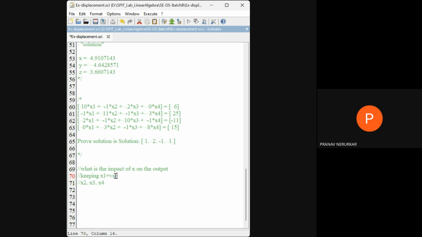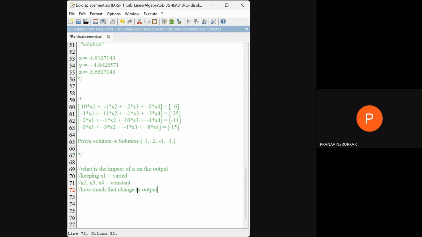X1 should be varied and X2, X3, X4 as constant. You have to check what is the impact on the output. So how much is the change in output?